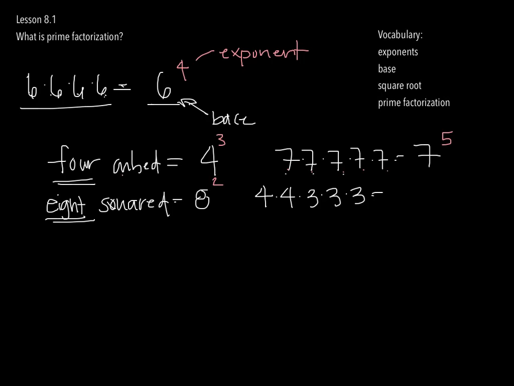In this case we have two bases: a base 4 and a base 3. Now we add the exponents. How many 4s do we have? 1, 2. So it's 4 to the 2nd power, times how many 3s? 1, 2, 3, so 3 to the 3rd power. So 4 squared times 3 cubed.